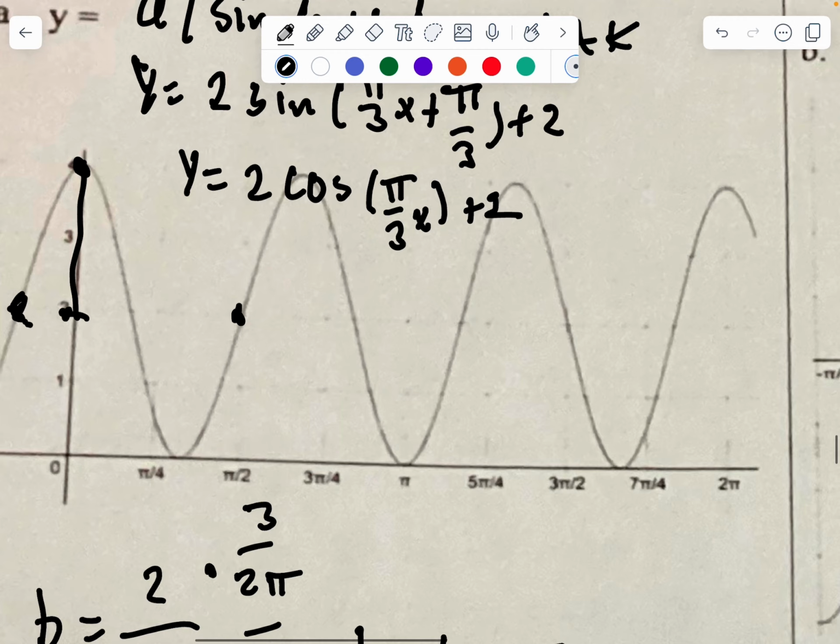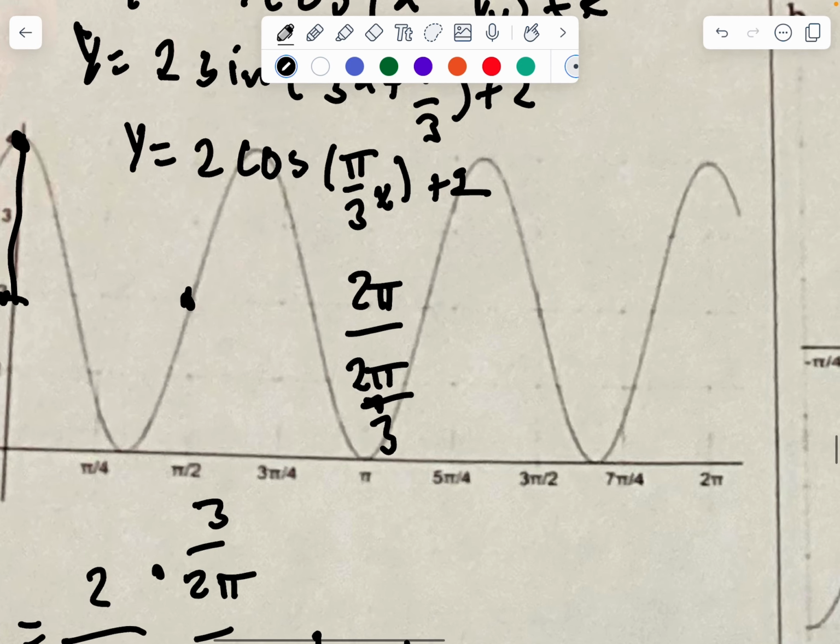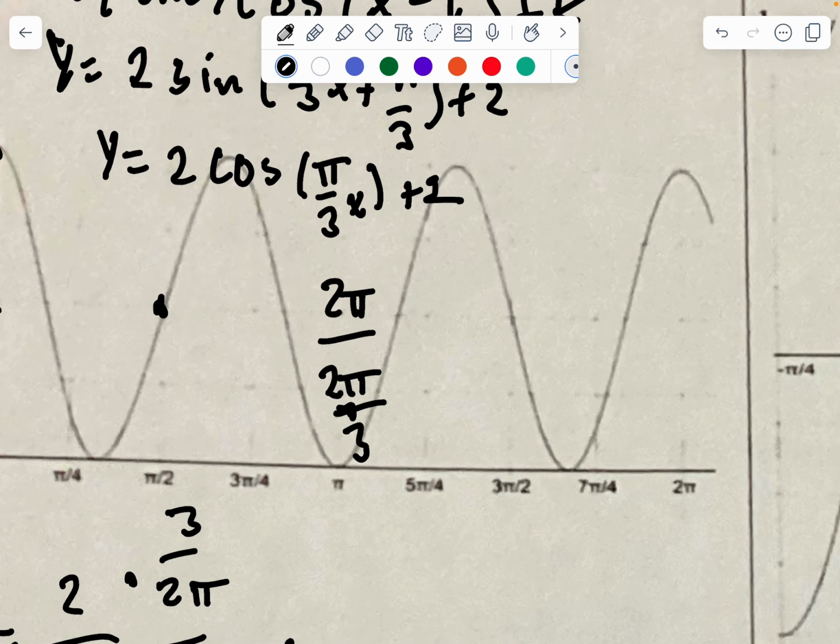So what was our 2 pi over 2 pi over 3? So we're going to be left with 2 pi over 2 pi, which is equal to 3.